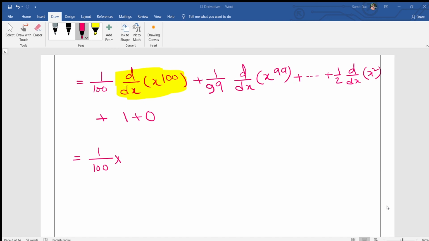Same formula, the x to the power n formula. Okay, one answer I got. Let's see if anyone else answers. Only one answer I got.